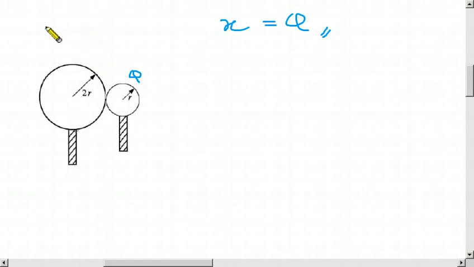What is 3Q minus Q? Previously this one had 3Q, now Q amount of charge came to this one, so the remaining is 2Q. So here this one has 2Q.